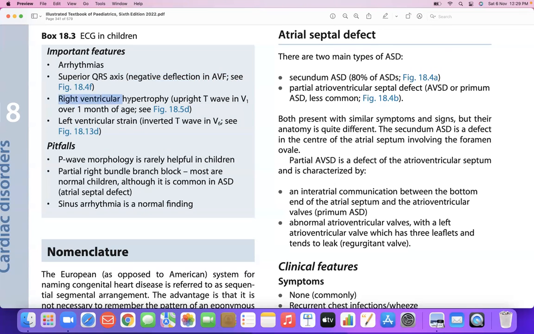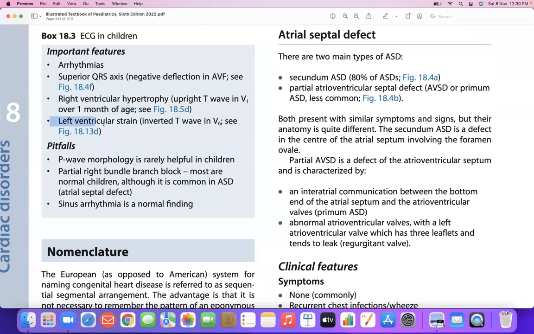Other thing is right ventricular hypertrophy, you see very commonly. There will be upright T waves in V1 over 1 month of age. I think up to 1 month of age, an upright T wave in V1 is normal. Beyond that, it is not normal. Usually you should have inverted T waves. So an upright T wave in V1 suggests right ventricular hypertrophy.